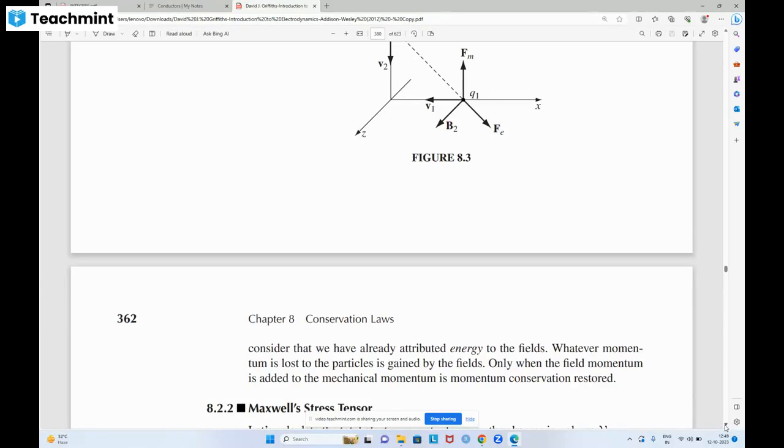Only when the field momentum is added to the mechanical momentum is momentum conservation restored. The conclusion is that when momentum is lost by the particles while they are moving, it can be gained by the field.